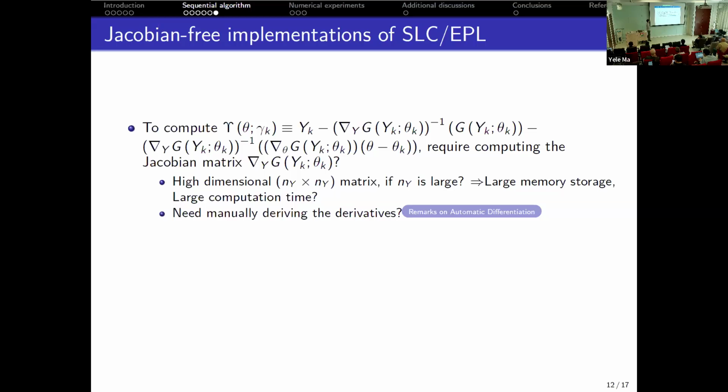In addition, to compute the value of the Jacobian, maybe we need to manually derive the derivative, and especially when we consider complicated structural models, it is not desirable.